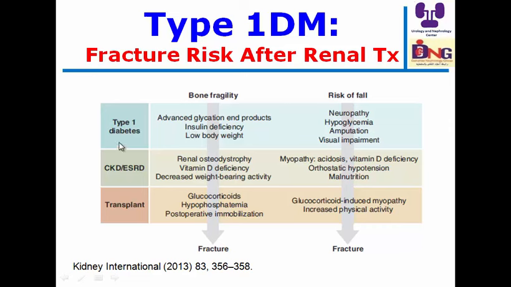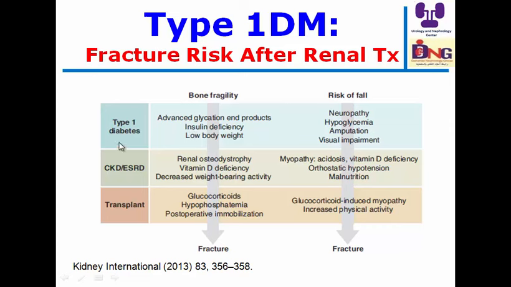Regarding the fracture risk after renal transplantation, as I mentioned in the first sector, type 1 diabetes has an increased risk of fracture after renal transplantation. In non-diabetic kidney transplant recipients, the incidence of fracture is 7.2 per 1,000 patient years.